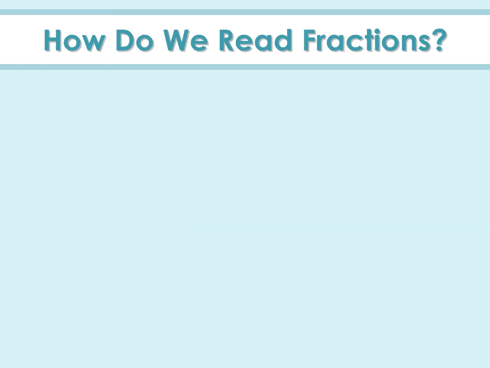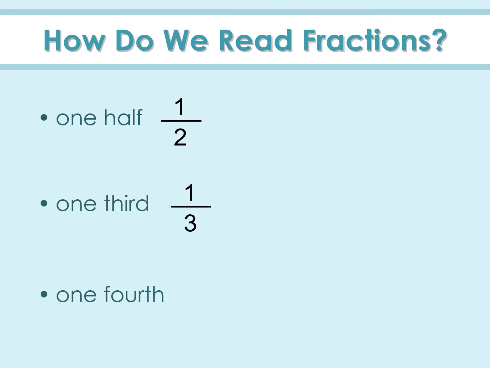How do we read fractions? We can read fractions by saying 1/2, 1/3, 1/4. Notice how each one of these fractions has the same number in the numerator. The numerator in each one of these is 1, and that matches our number here written in words. Now, the bottom of our fraction is called the denominator, and the denominator in each one of these numbers is different.